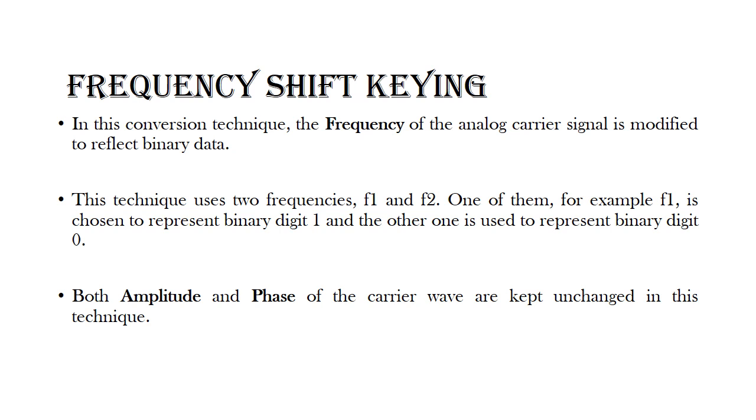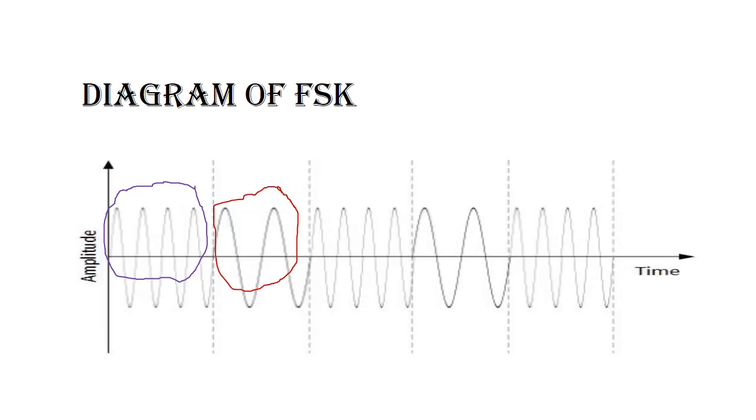Here also from the diagram you will easily understand. Here in the diagram you can see that there are two different frequencies used. Okay, first one is the high frequency, and same is repeated wherever binary digit 1 has to be reflected, and another one is low frequency, which is repeated wherever binary digit 0 has to be reflected.